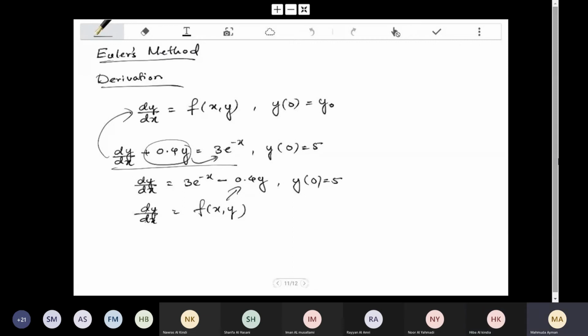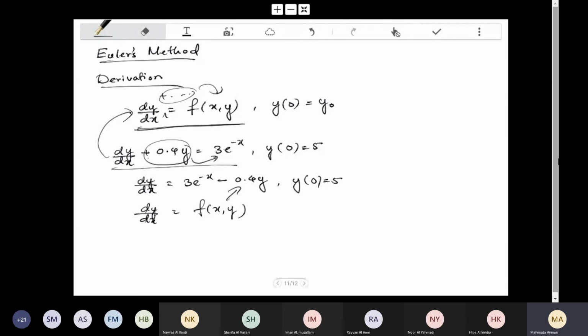This is not actually an example, but just showing you that when you take Euler's method, the derivative function should look like this one here. So if you get a derivative function that does not look exactly like that, but something like the derivative plus something here plus something here, you have to take those things and put them on the other side.